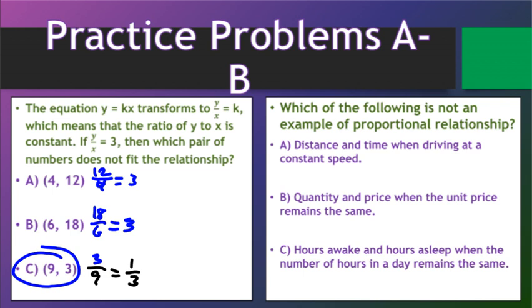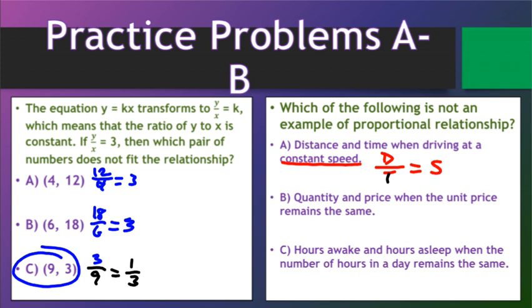For this one, the distance and the time when driving at a constant speed. If you're going at a constant speed, you can go a certain distance in a certain time and divide your distance and time, you're still going to get that same speed because this stays the same. So distance divided by your time does give you your speed.